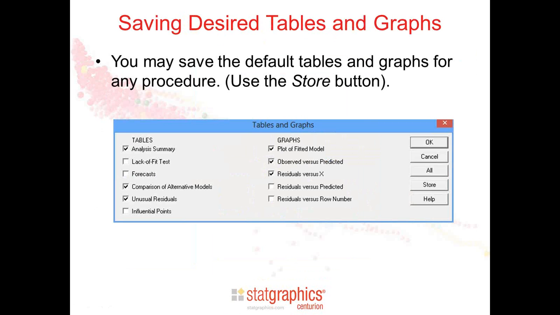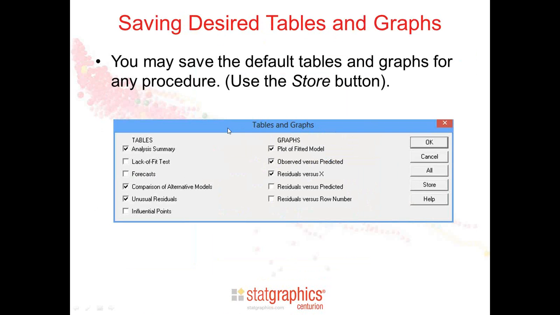And when you first get StatGraphics, for each procedure, there are a certain set of tables and graphs that come up by default. You can change that using the Store button on the Tables and Graphs dialog box.